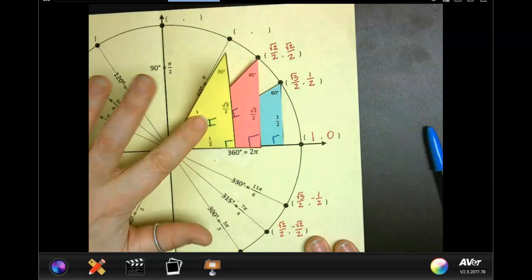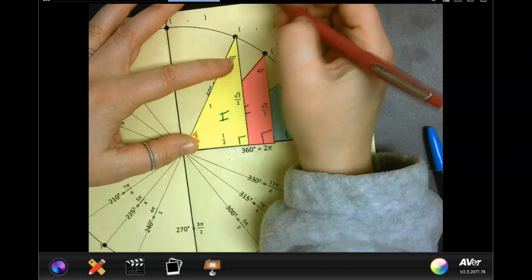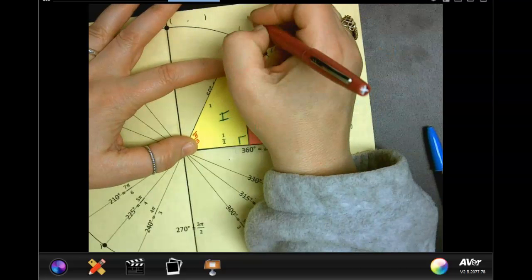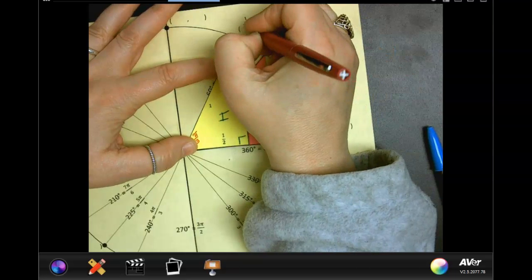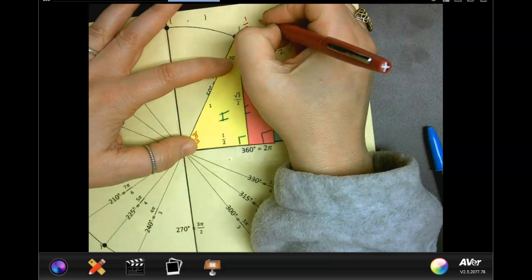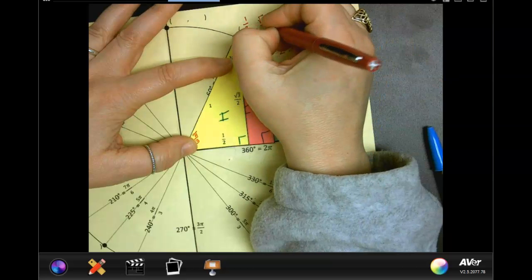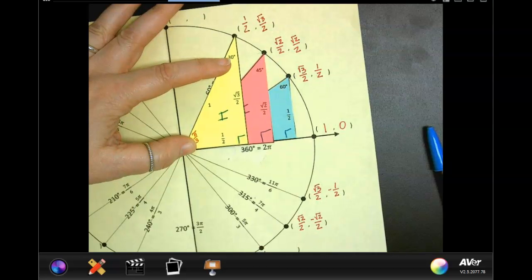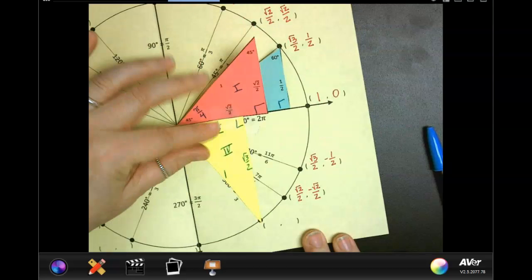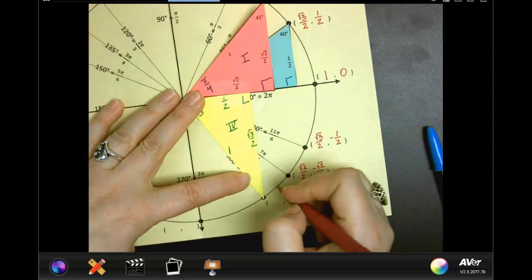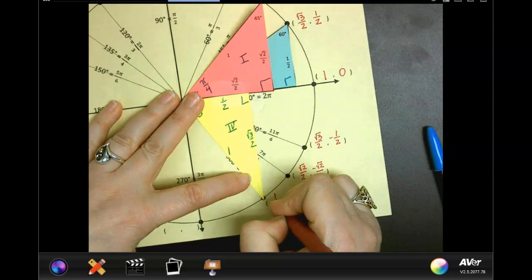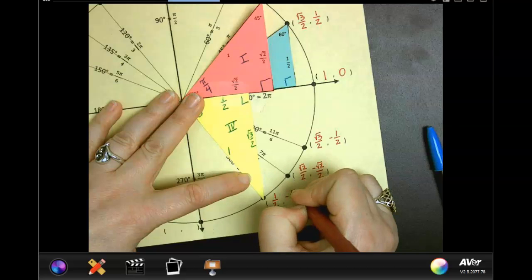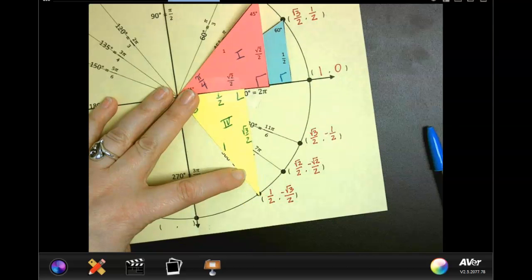Then when we reflect it back up into the first quadrant, the x value for this ordered pair is what? 1/2. And the y value is square root of 3 over 2. Then when I reflect it down, I get 1/2 and negative square root of 3 over 2.